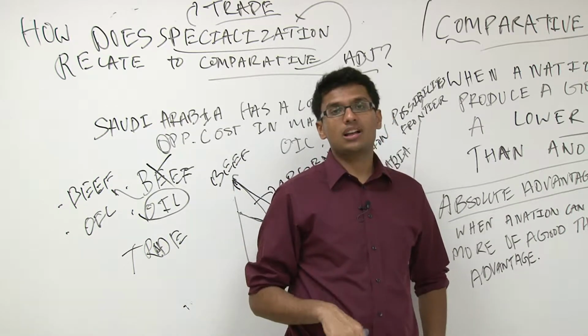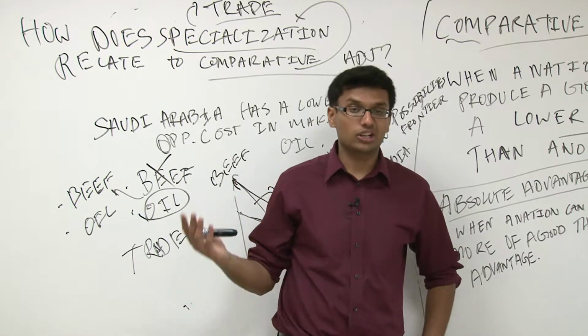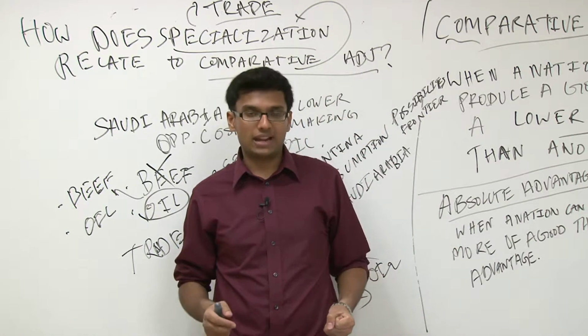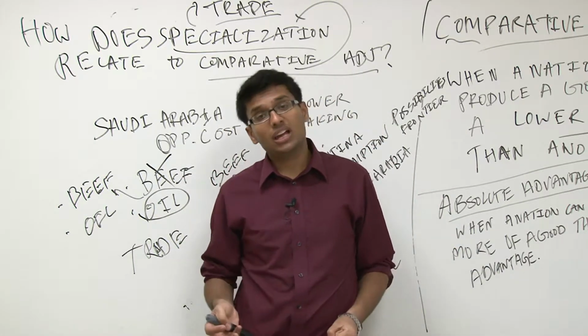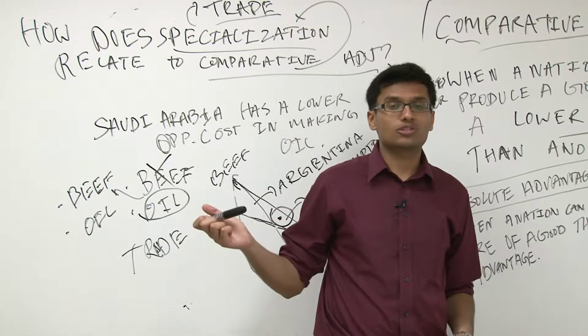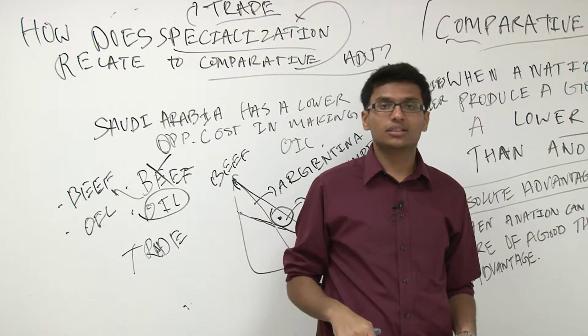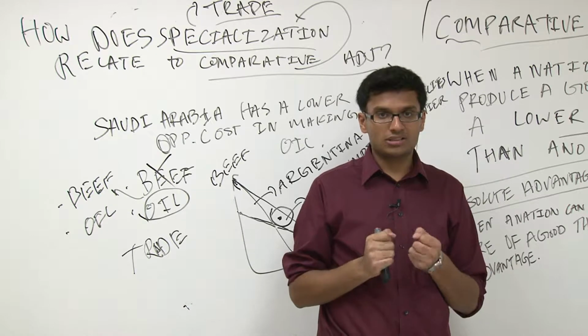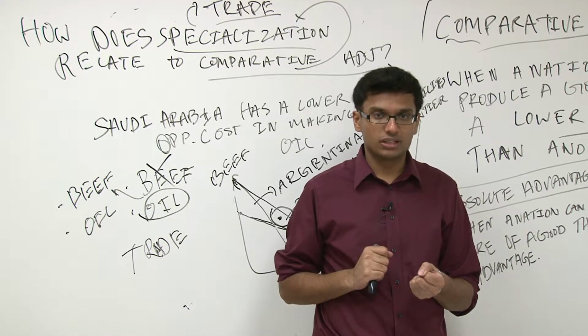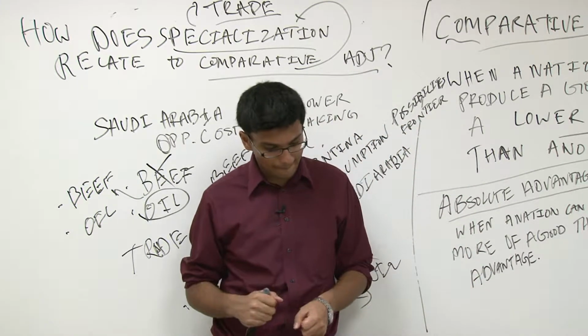If India has a lower cost structure in making cars, China is going to tap into that and they can drive. And India is going to take advantage of the lower cost structure in making wheat in China. So using lower opportunity costs, that's possible with trade and specialization. If you specialize, you can trade.